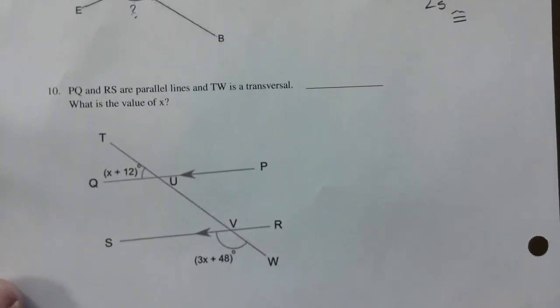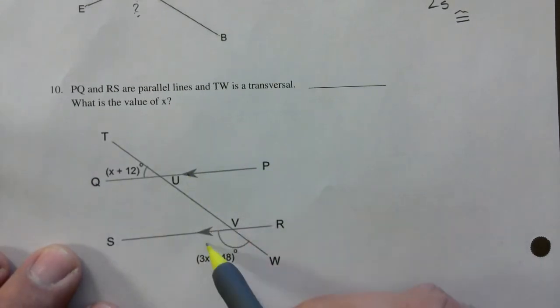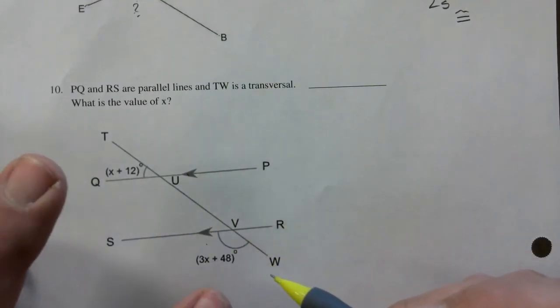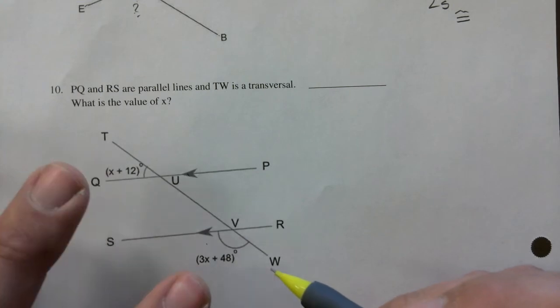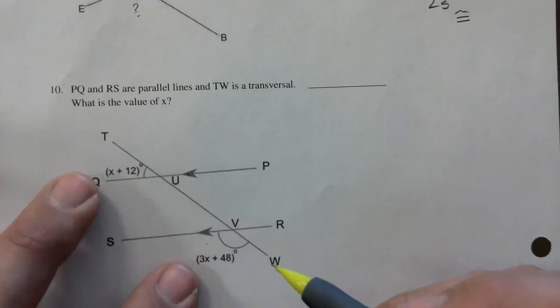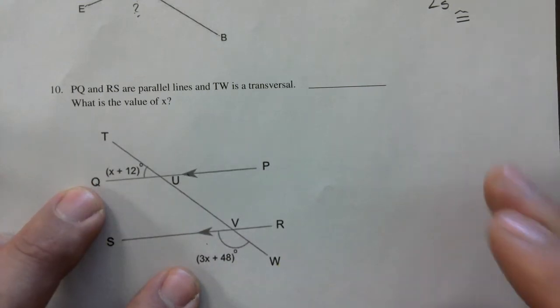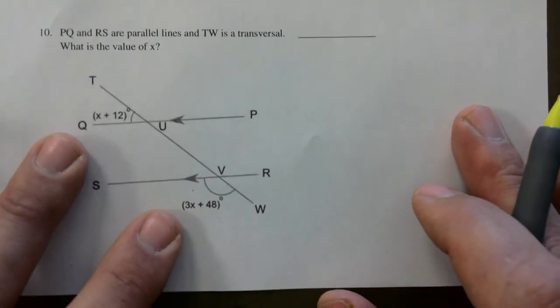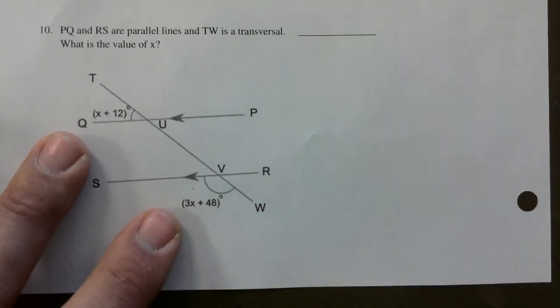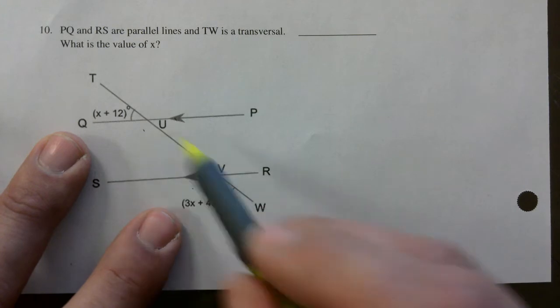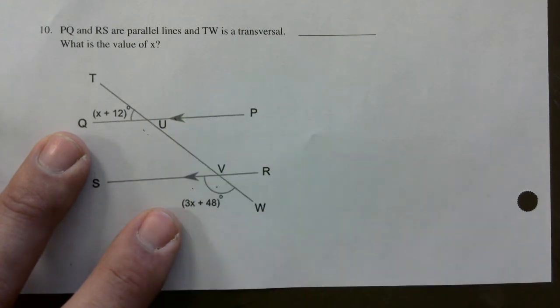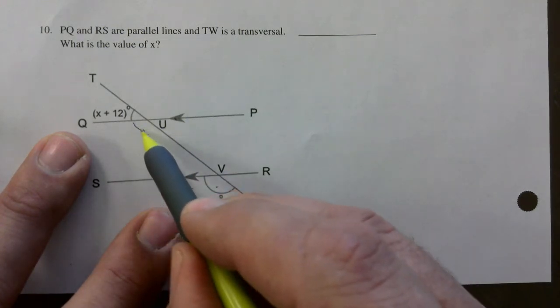All right, PQ and RS are parallel, so that's denoted already. This one was probably a bit of a challenging question, perhaps. But here's the trick for this one. I want you to use your knowledge, right? These two are corresponding, correct? That's my approach here. What would this angle be?